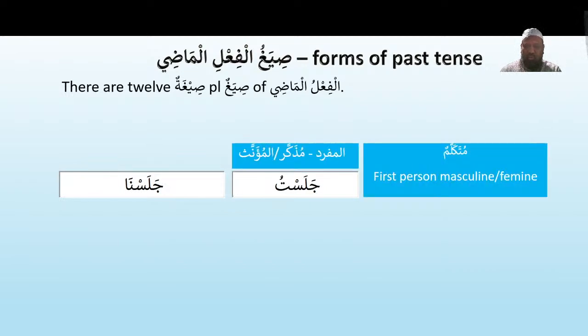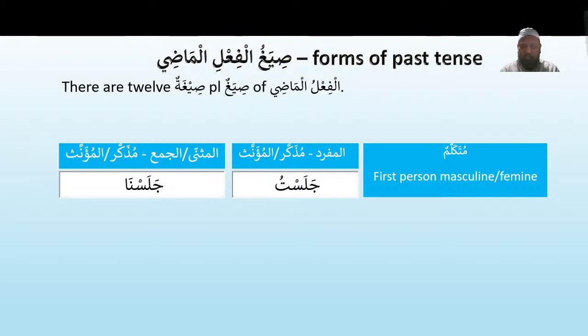And over here we have mutakallim, al-mufrad, mudhakkar and muannas: jalastu, and muthanna, jama, mudhakkar, muannas: jalasna. So these are the 14 sighas of al-fi'l al-madi when there is no ism dhahir in the sentence.